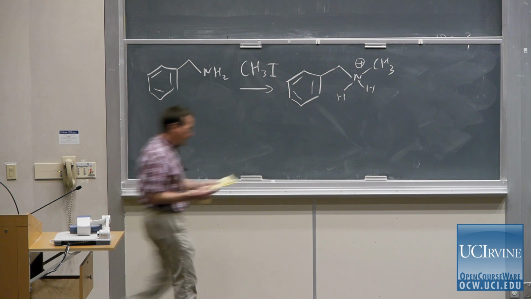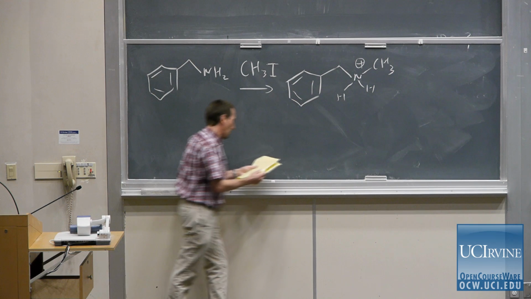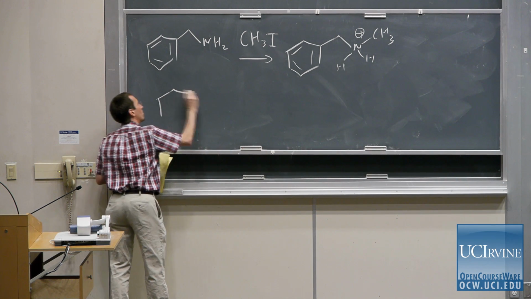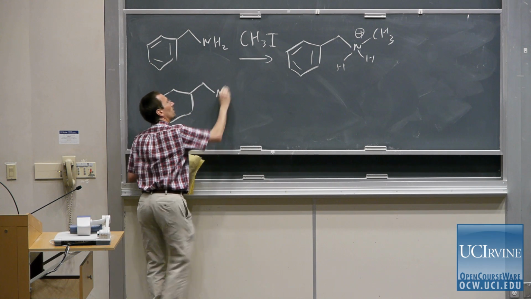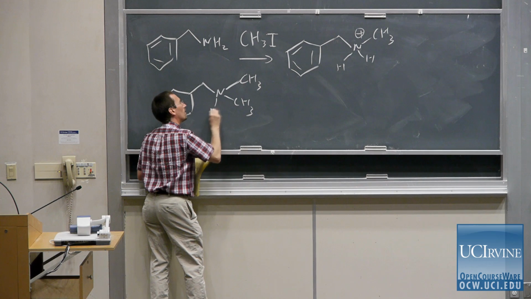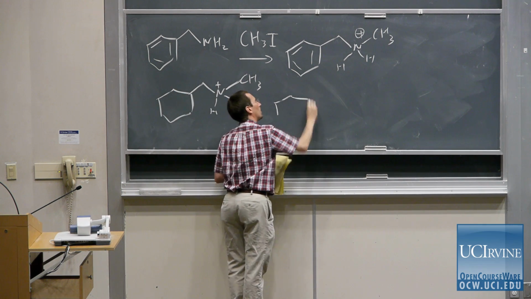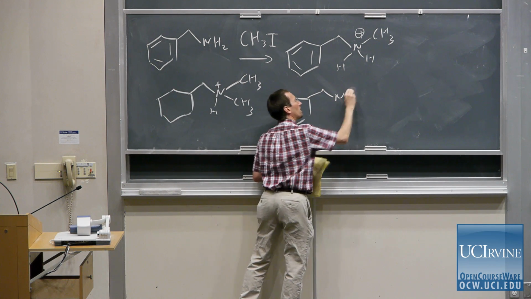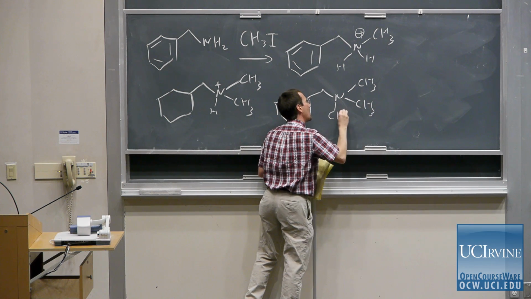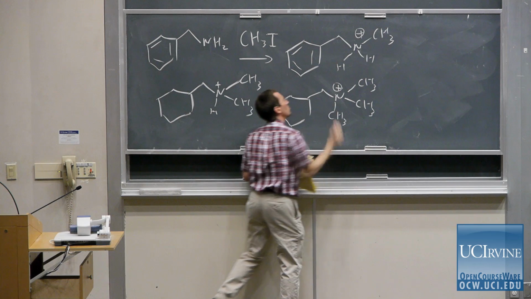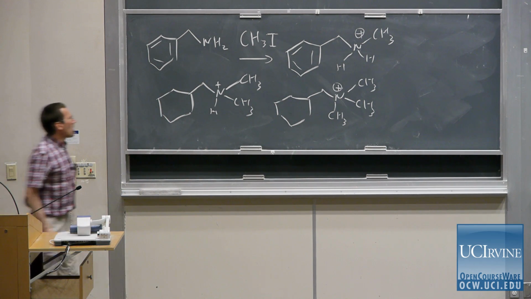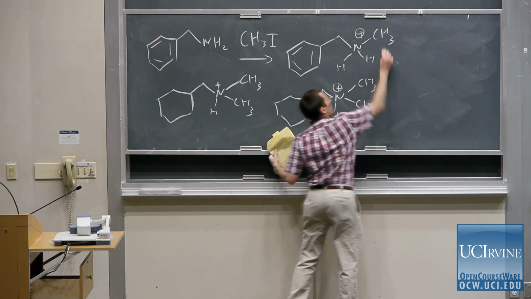So you also end up getting the dialkylated and trialkylated products, as a mixture. The trialkylated is the benzyl trimethylammonium ion, which is actually used as a germicide in things like eye care products. So the overall result is you get a mixture of products.